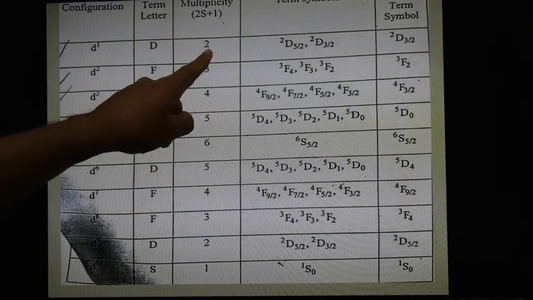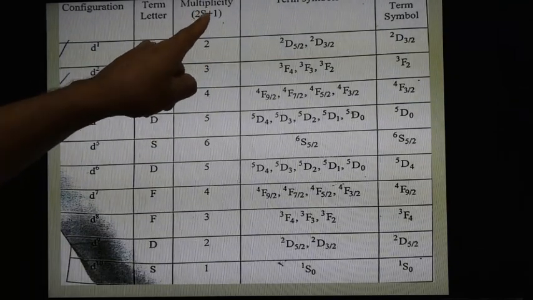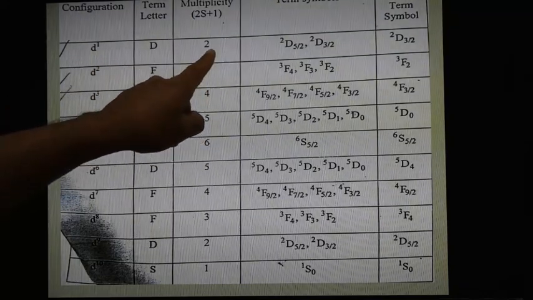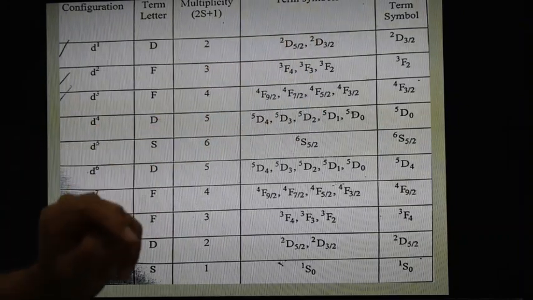One electron is there, so S is 1/2. Put the value: 2 times 1/2 is 1, plus 1, so multiplicity is 2.